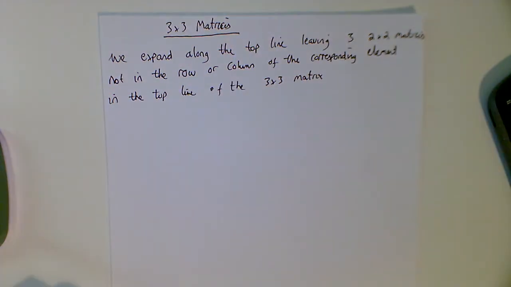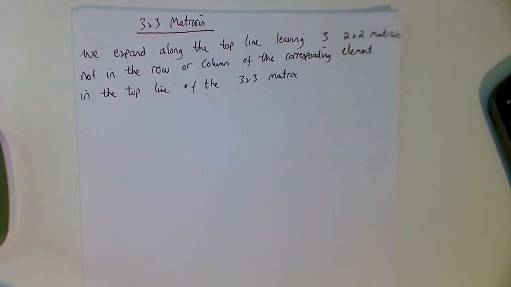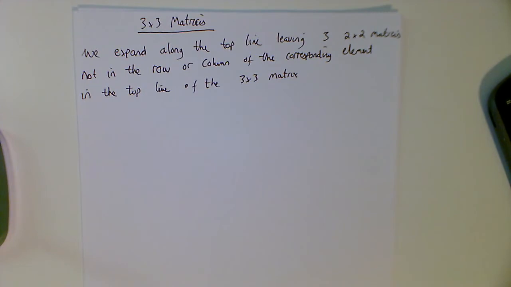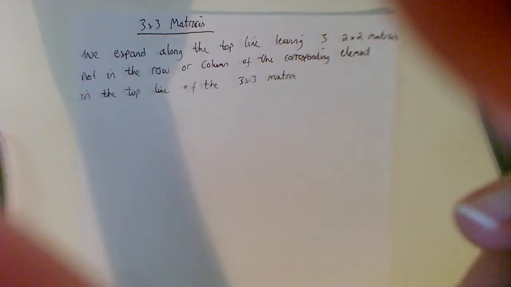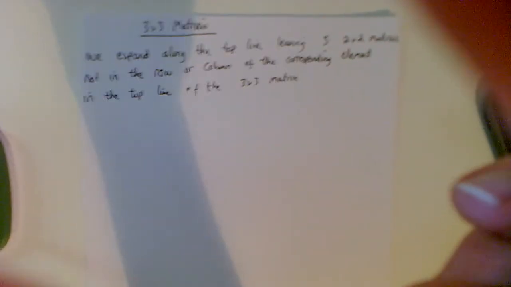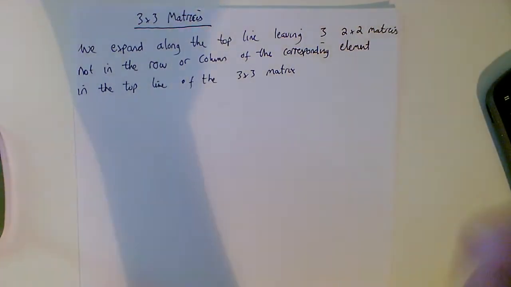Right, so that sounds like a lot of words. So we expand along the top line, giving us or leaving us three 2 by 2 matrices, which are not in the row or the column of the corresponding element on that top line of the 3 by 3 matrix. Now, jargon, lots of words. Let's see what it means.